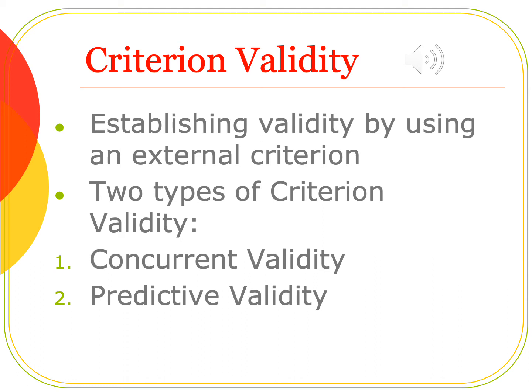Face validity, content validity, and construct validity are all things that are looking at within the test itself. Is the test itself valid with the contents and what's there? Criterion validity establishes validity by using an external criterion outside of the test itself. We've got two types of criterion validity. We've got concurrent validity and predictive validity.